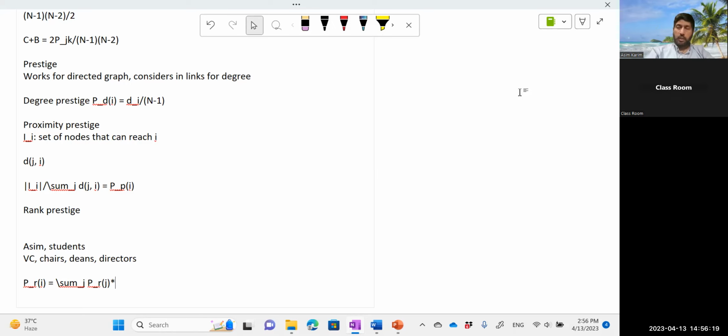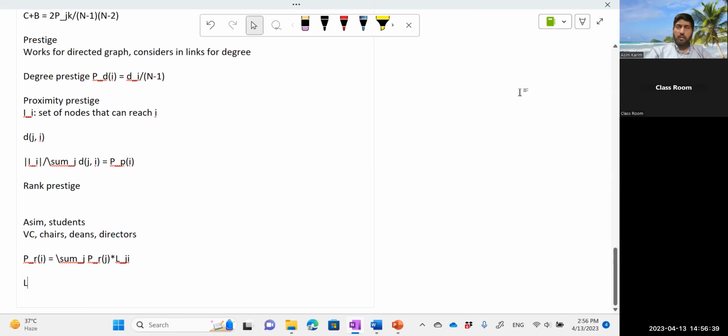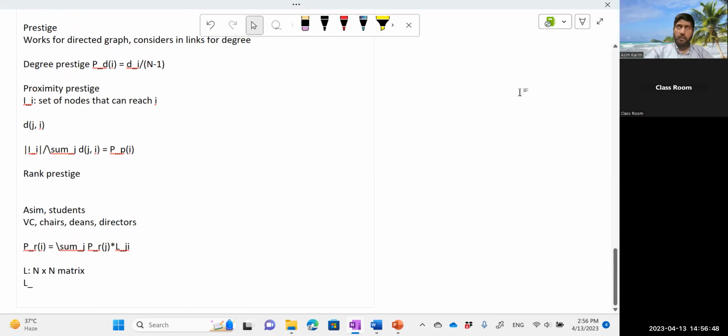Okay. So for that we define a matrix, the adjacency matrix L, or L is fine. L, so we are looking at whether J connects to I, so its index will be ji. So what is Lji? So L basically is an n by n matrix. First of all, we have an n by n matrix from a graph with n nodes. So Lij is equal to 1 if I connects to J and 0 otherwise. Okay.